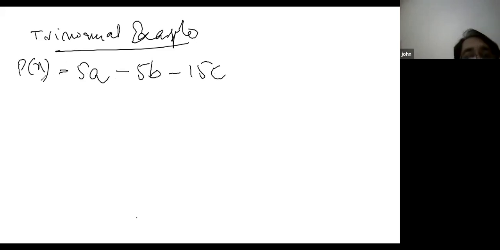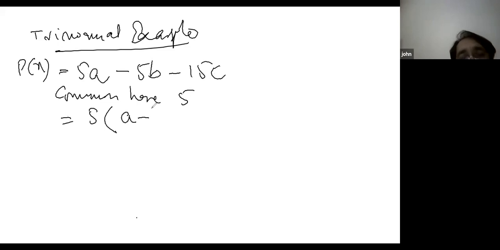Now, we can take common. What is common here? It's 5. Okay, 5 is common. We can write it as a minus b minus 3c. So we have two factors again.